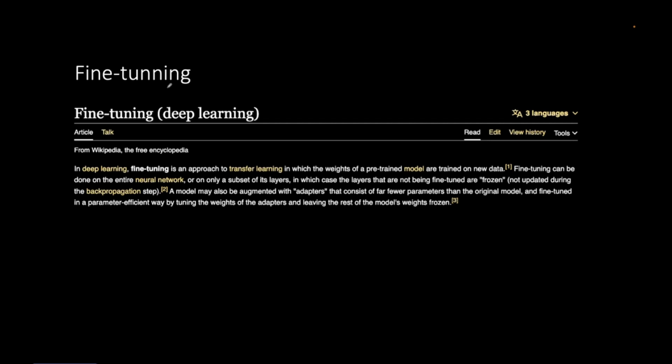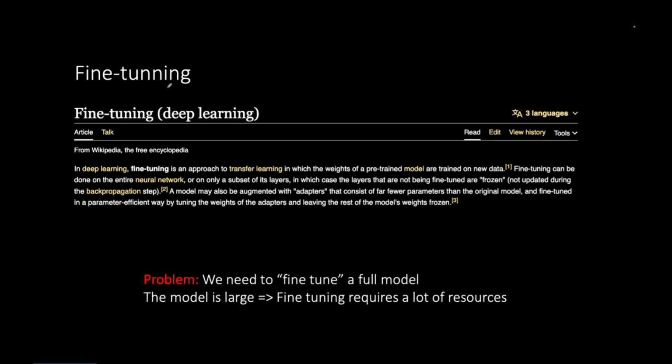For instance, you want to grab one of these language models and train it specifically for, I don't know, cancer biology papers, something like that. The problem is that you usually have a very large model, and in this case, you need to train the whole model with this new, specific data set.